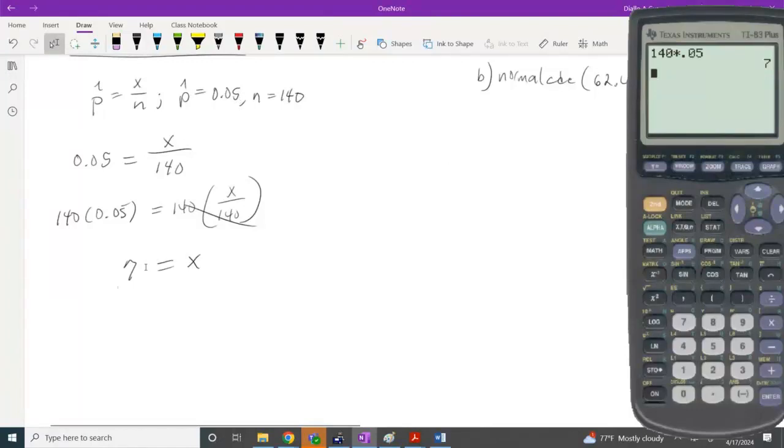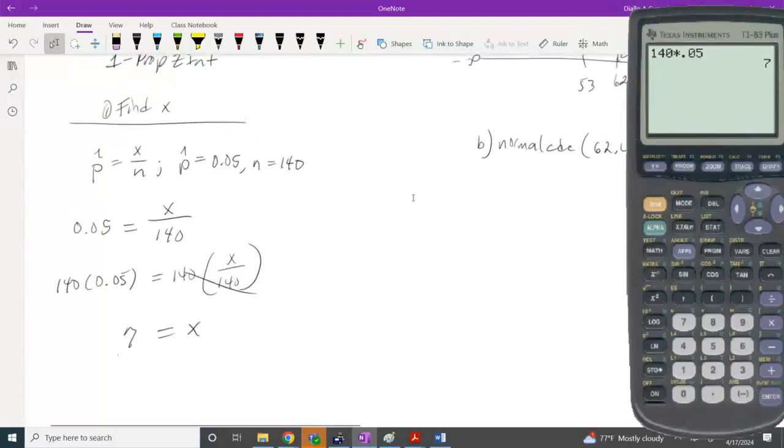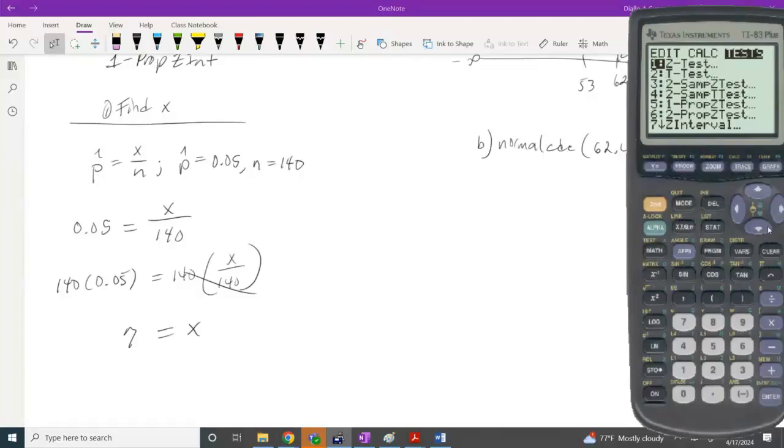But for our calculator, we need x and n. So I know n, and we've just found x. So we're going to put those into the calculator. I'm going to go back into that one proportion z interval. So I'm going to hit stat, scroll over to test, one proportion z interval. I'm going to put in x as 7.